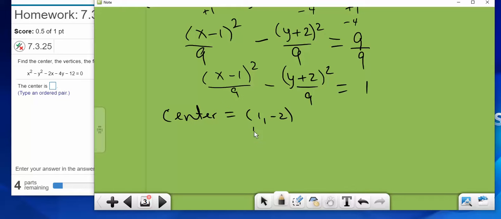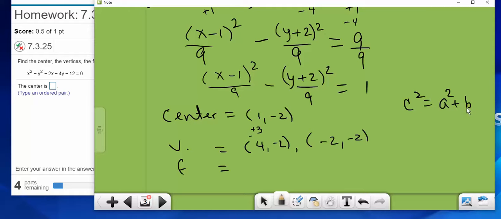So we do plus or minus 3 to the x coordinate: 1 plus 3 is 4, and 1 minus 3 is -2. So those are our vertices. For our foci, c squared equals a squared plus b squared. So that's 9 plus 9, which is 18, and then the square root of that. Remember, 18 is 2 times 3 times 3, so 3 comes out and 2 stays inside.